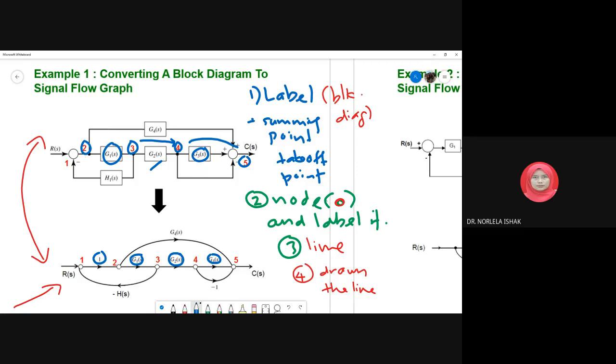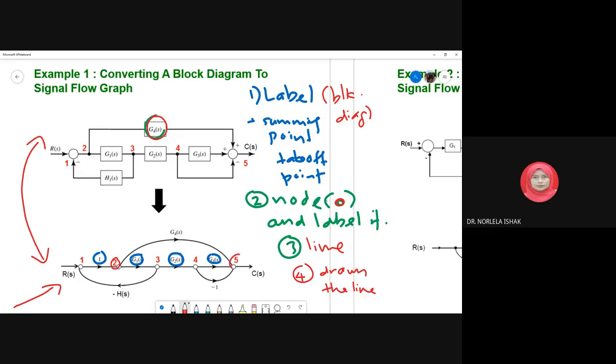Okay, how about this one, G4? Between which knot? Between 2 and 5. 2 to 5. Okay, good.